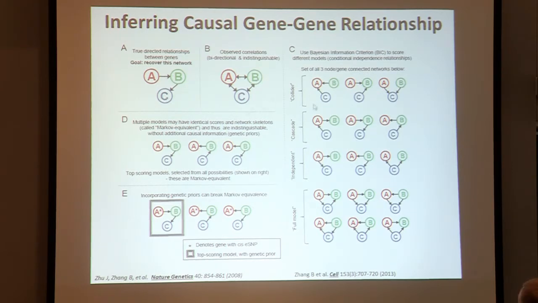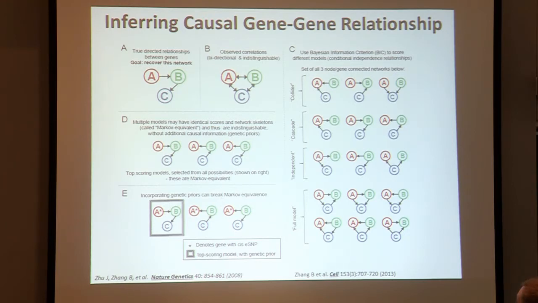But if you make use of additional information like eQTL or eSNP, because we know those genetic variants control a lot of downstream gene expression, then you can pick up those two models based on the prior, like eQTL.